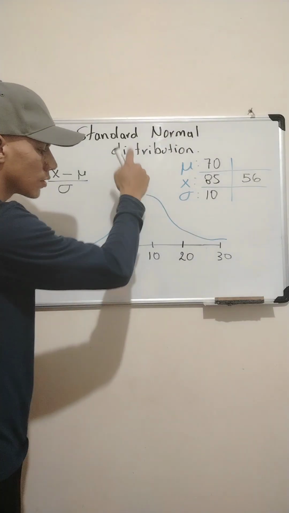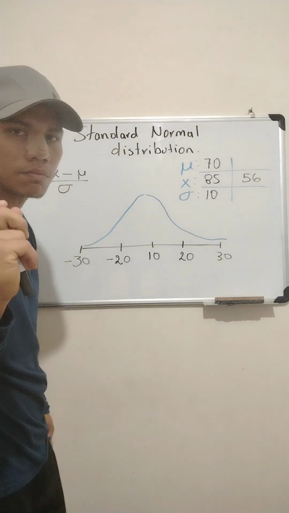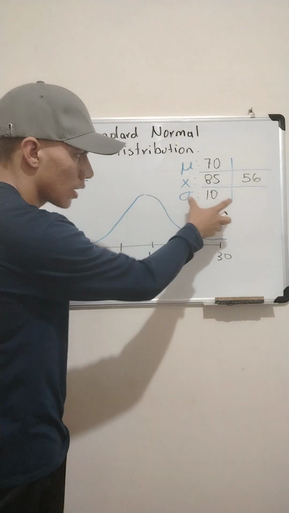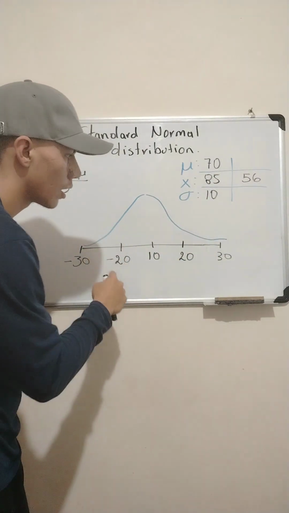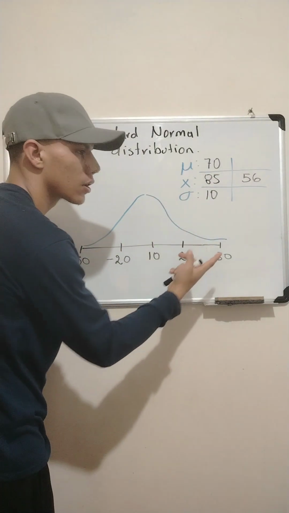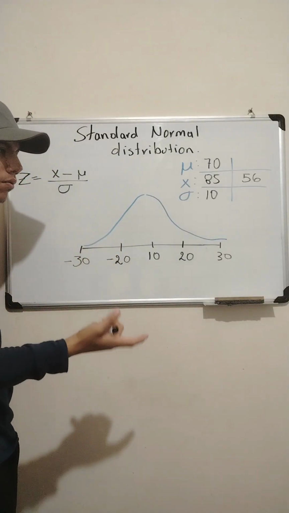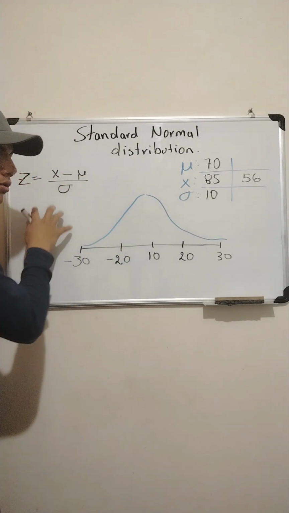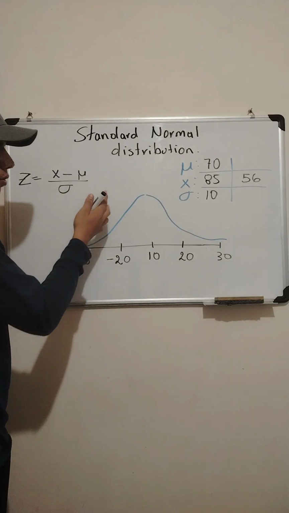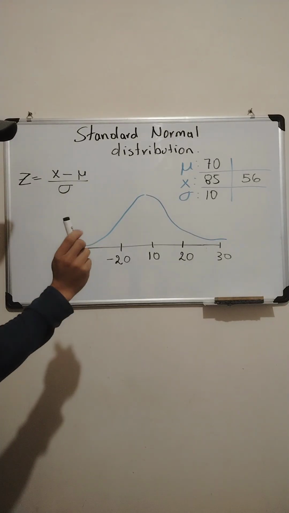The standard normal distribution is a way of using probability or scaling other magnitudes into this same bell-shaped curve. So what we do here, as you already know, the Z scores we got last class.